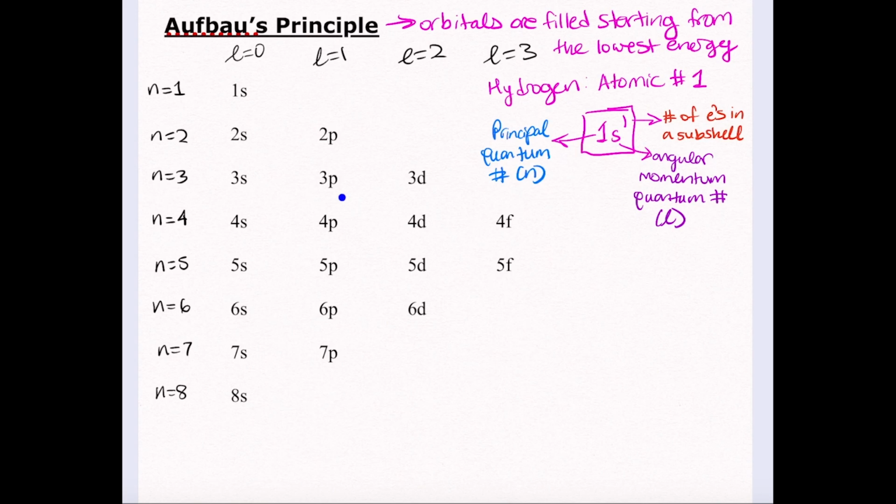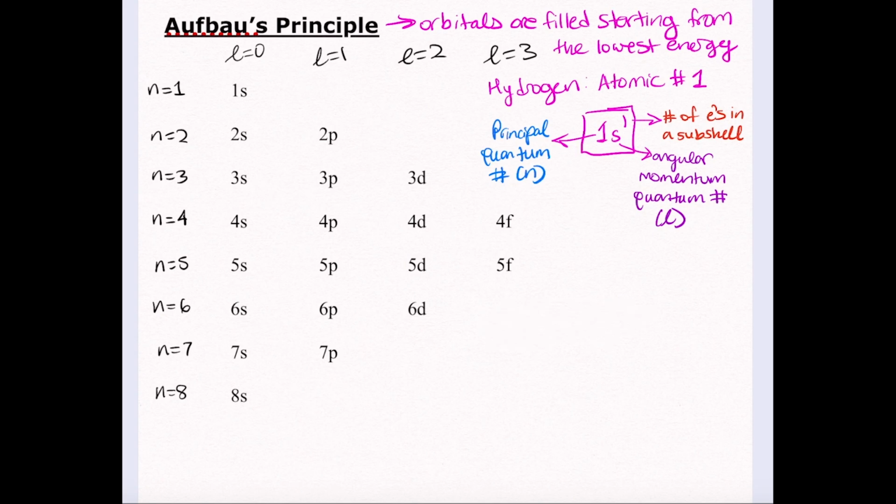No, it wouldn't go like that. 3p will fill, then 4s, and then 3d afterwards. So that is something you have to take note of here.